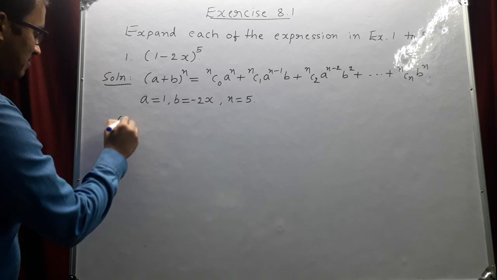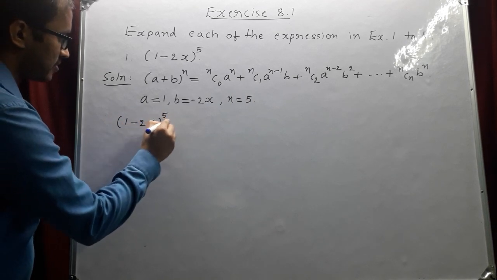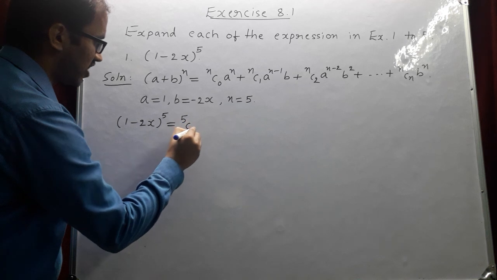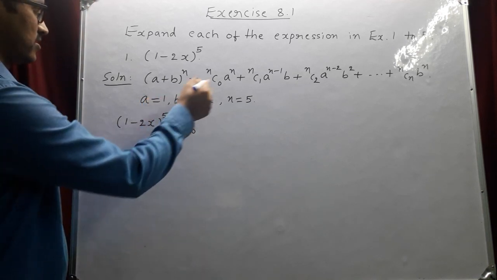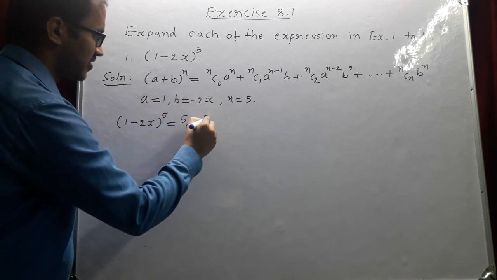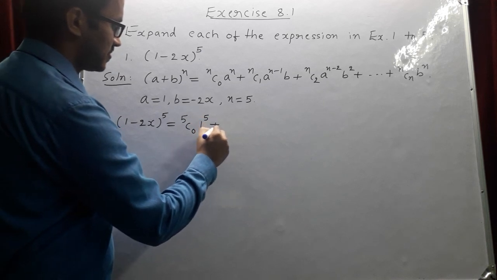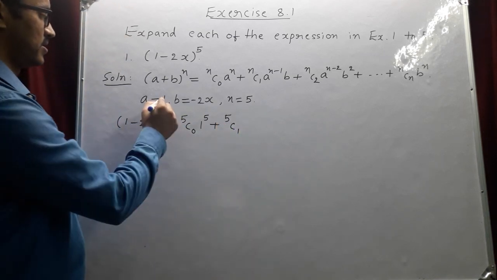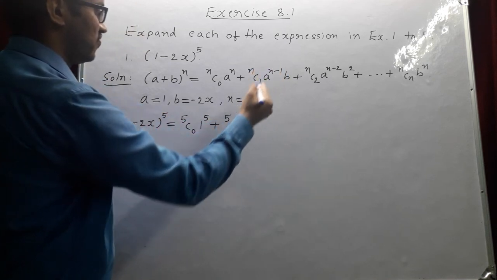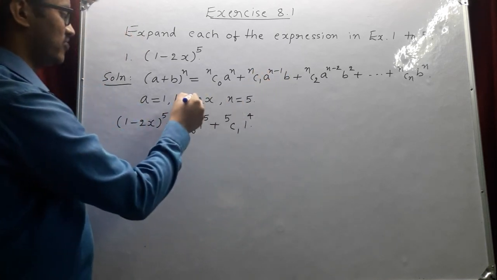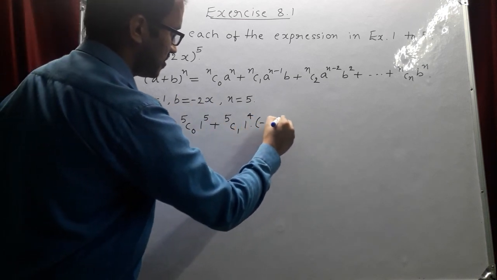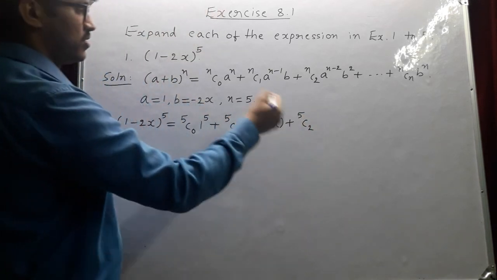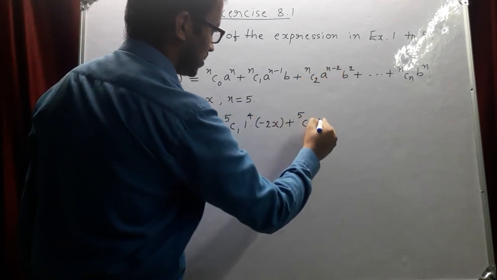we can write (1 minus 2x) power 5 is equal to, see here, nC0, n value is 5, so 5C0 a power n. a value is 1, so 1 power 5, plus nC1, that is 5C1, 1 power 5 minus 1, so that is 4, b value is minus 2x, plus nC2, 5C2, a power n minus 2, so that is 1 cube.